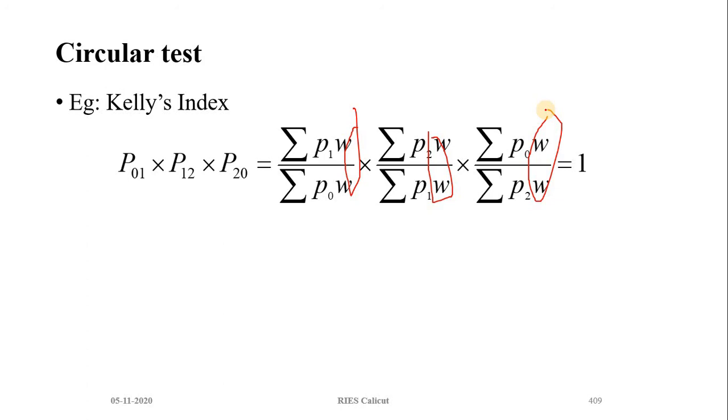But the question arises, which method is the better method? To answer this question, different statisticians have developed different tests, and all these tests are just checking the adequacy of an index number.